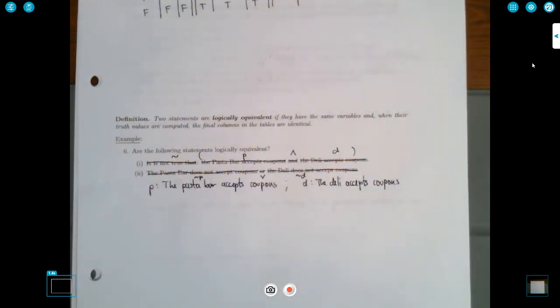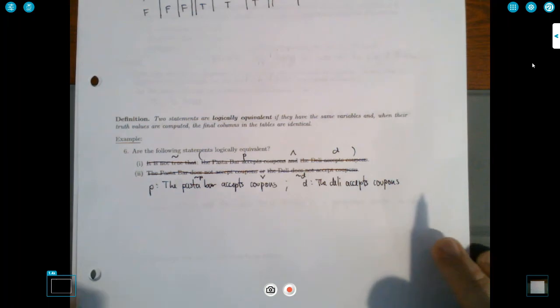So the second statement is just not P or not D. So we want to know if those two statements are the same. Is it the same? Is saying not (P and D) the same thing as saying not P or not D? Well, let's make truth tables.